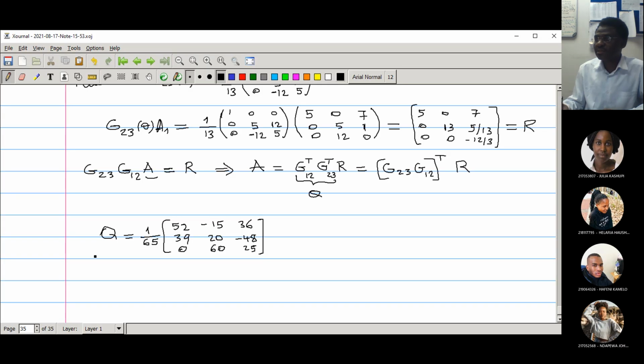And you can always recheck to make sure that when you multiply this Q by R, it gives you A.